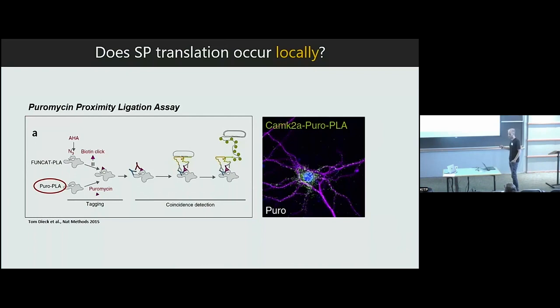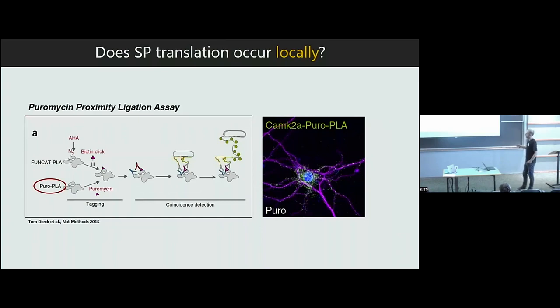For this we used the puromycin proximity ligation assay, which has been previously used by the Schuman lab. The idea is to incubate neurons with puromycin for a short period of time, 5 minutes in our case. This puromycin will terminate the translation and get incorporated into the nascent peptides.